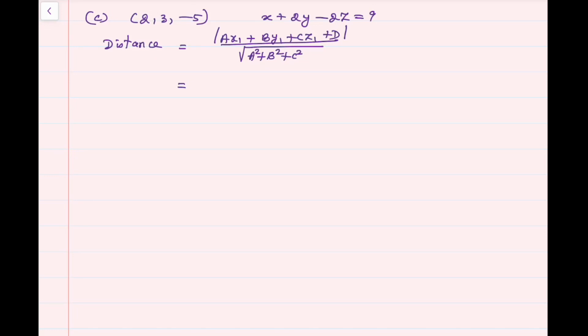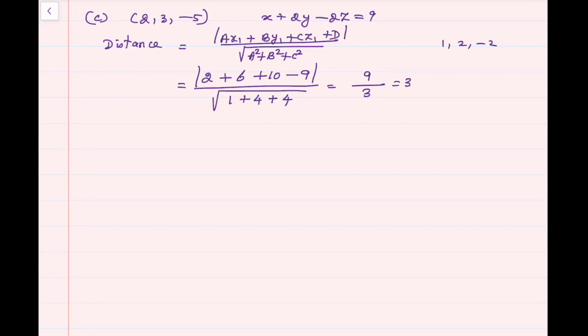That is the numerator. So x is 2, y is 3, 2 3s are 6, minus 2 into minus 5 is plus 10. Bring that constant term to this side, minus 9, divided by root of the normal, the coefficients of x, y, z, 1, 2, minus 2. So 1 square plus 2 square plus minus 2 the whole square is 4. The numerator is 9, divided by the denominator, root of 9, which is 3. The answer is 3 units.